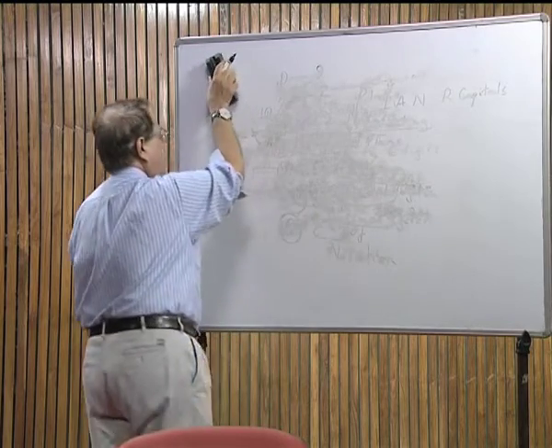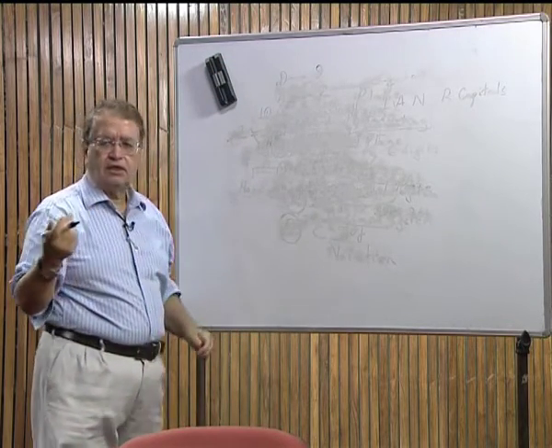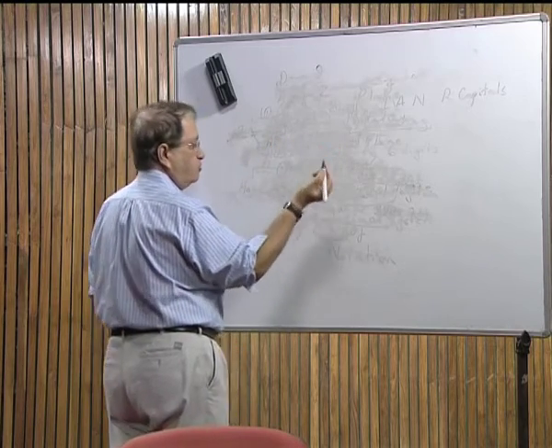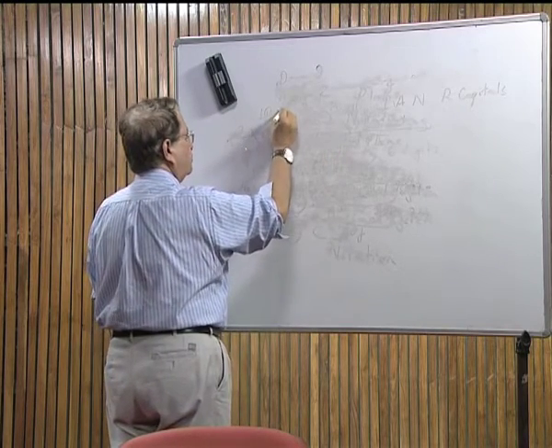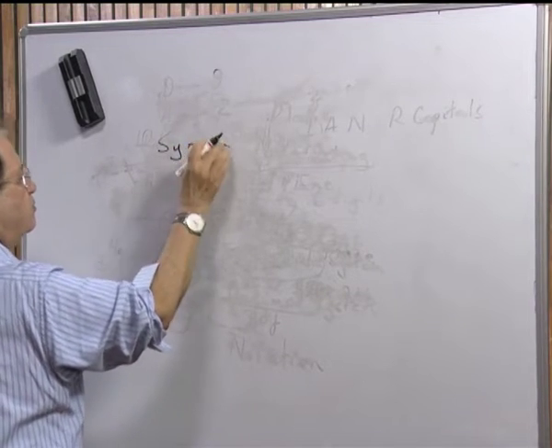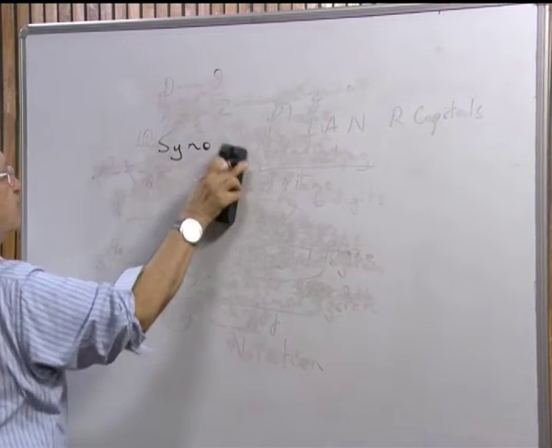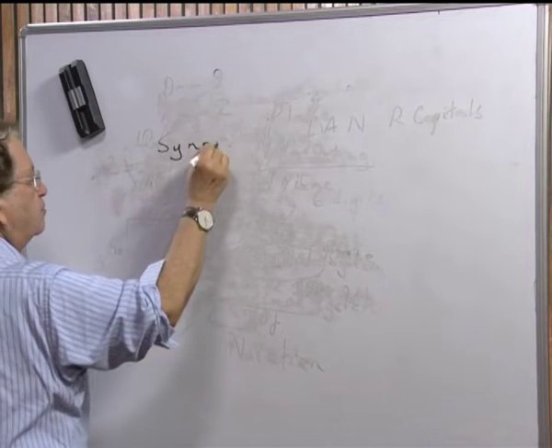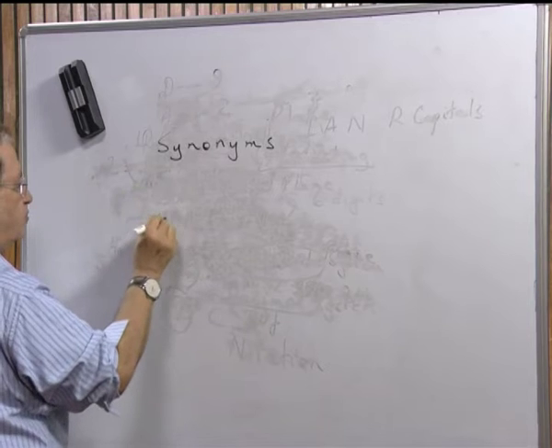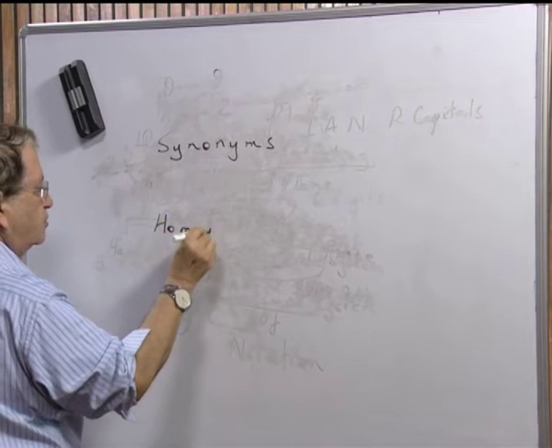So, to overcome some of the problems that we have already discussed earlier, one of the problems that we faced for using natural language was the prevalence of synonyms, and the problem of homonyms.